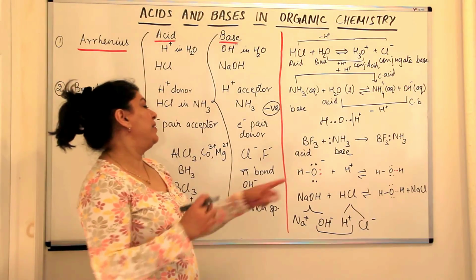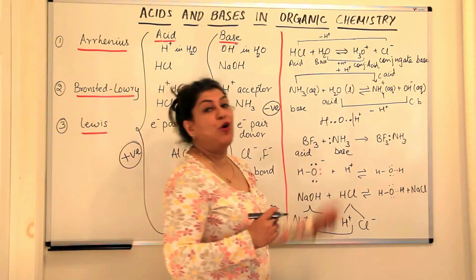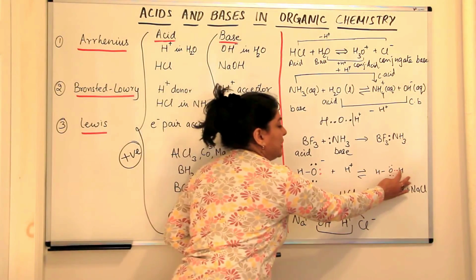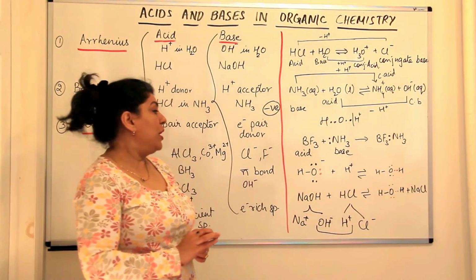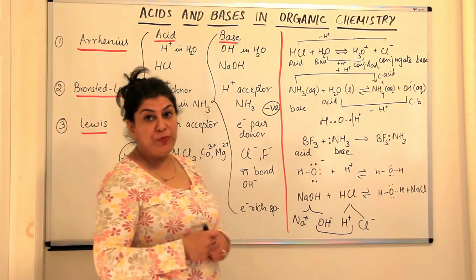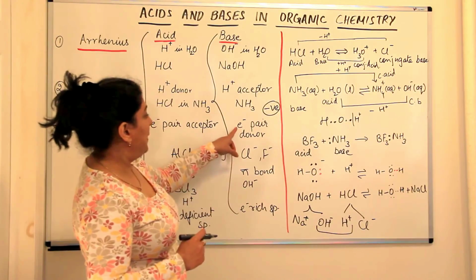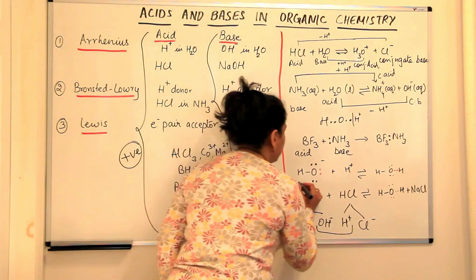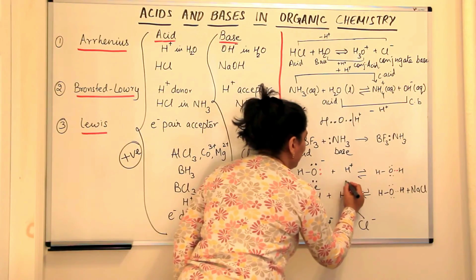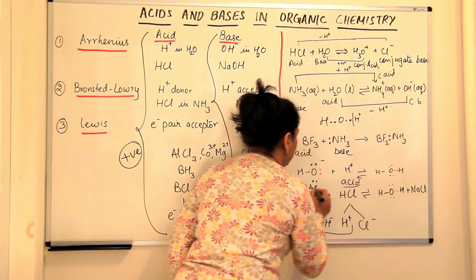And this pair was shared equally by both oxygen and hydrogen to form the water molecule. That is to form this red bond here. So according to Lewis, the electron pair donor would be a base, and the electron pair acceptor was H positive, therefore it was an acid.